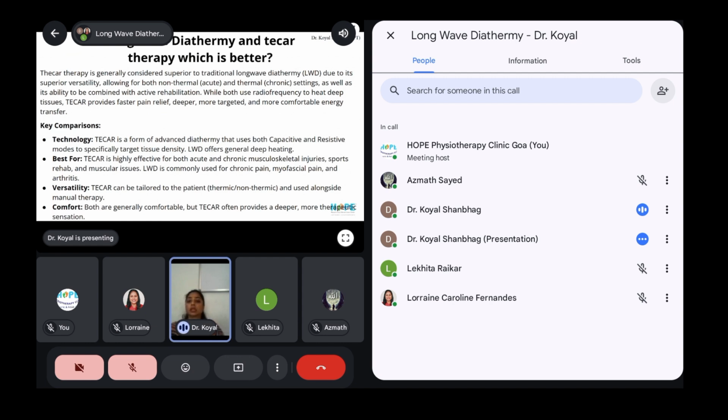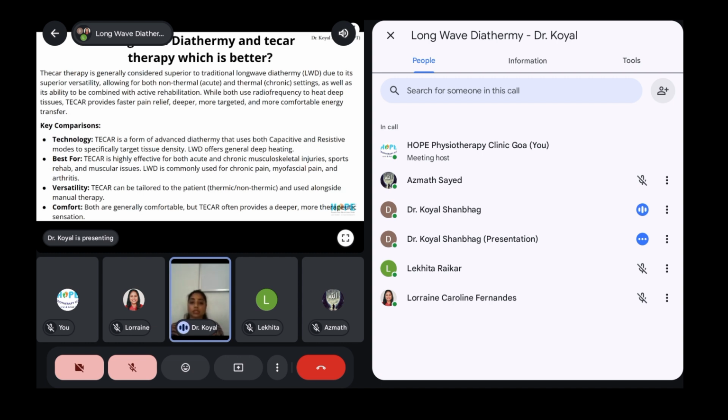While both use radio frequency to heat deep tissues, TCAR provides faster pain relief, deeper, more targeted and more comfortable energy transfer. So there are 4 things that we can compare.